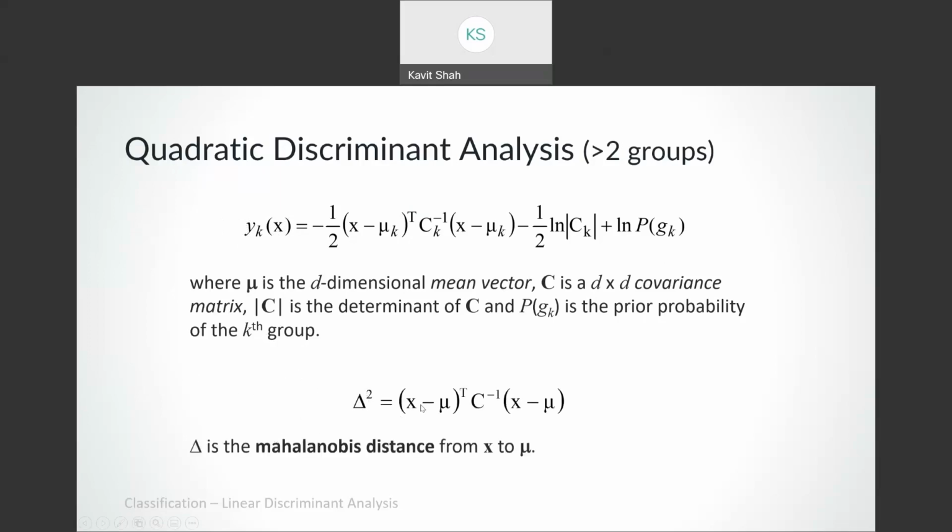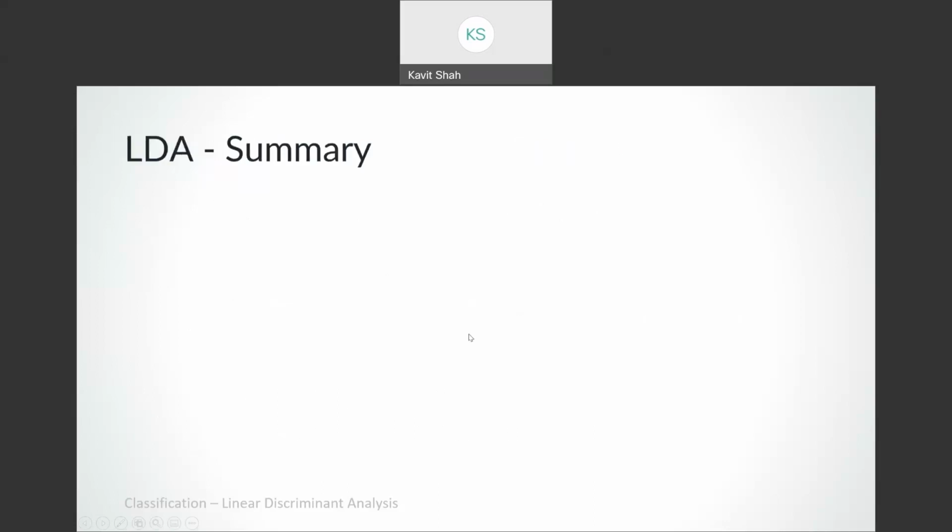And the Mahalanobis distance from x to mu could also be given for this quadratic LDA as x minus mu transpose times C inverse times x minus mu, where x is the data point, mu is the mean vector, and C is the pooled covariance matrix.